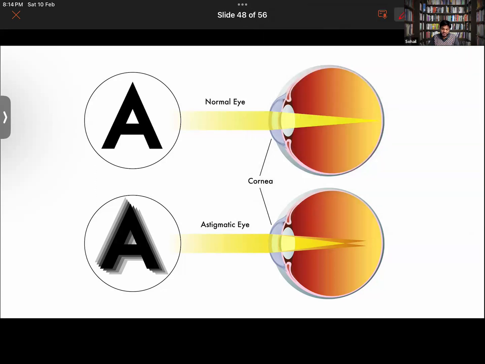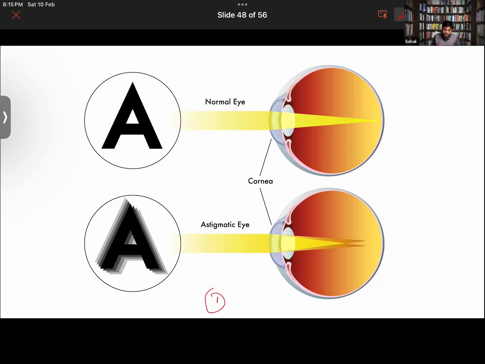Another reason for this is that if the shape of the cornea is abnormal, that can also lead to an astigmatic eye. So these are the two reasons due to which astigmatism happens.